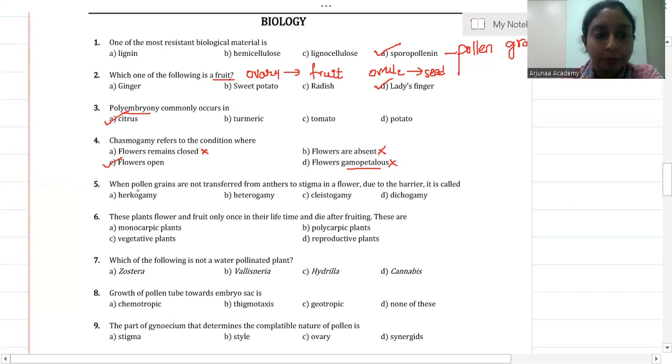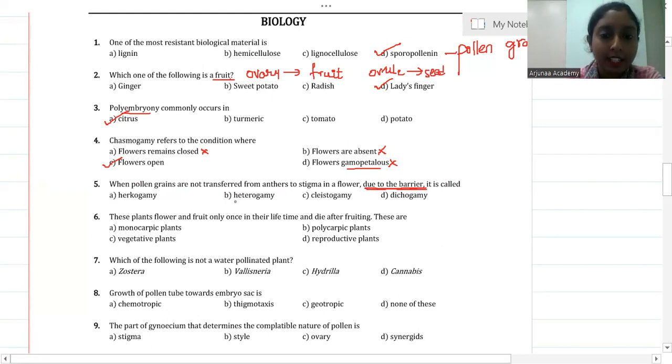Then fifth question, when pollen grains are not transferred from anther to stigma in a flower due to a barrier. Because of the mechanical barrier, even though the flowers are bisexual, pollen grains of the same flower cannot land on the stigma.